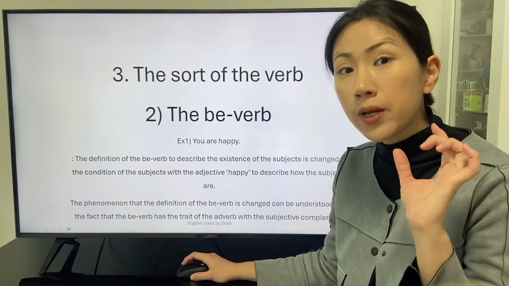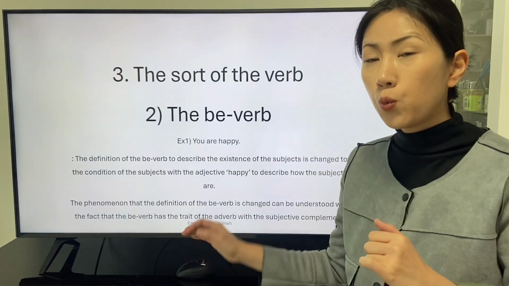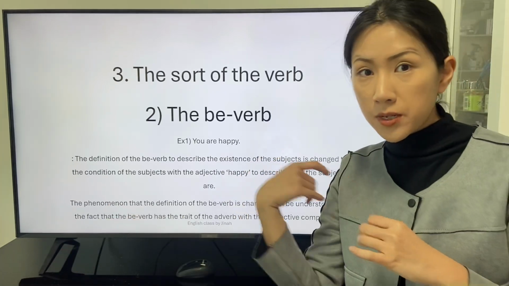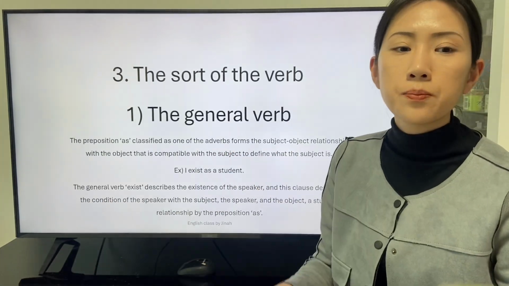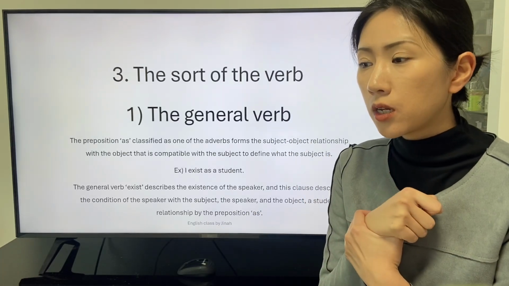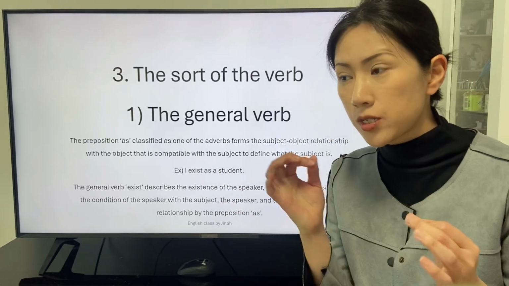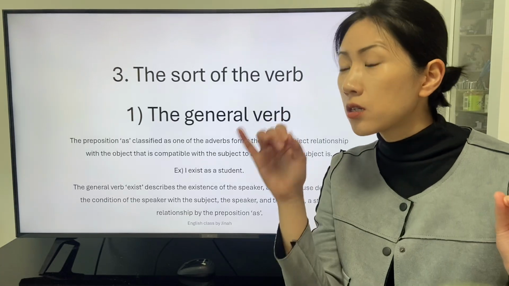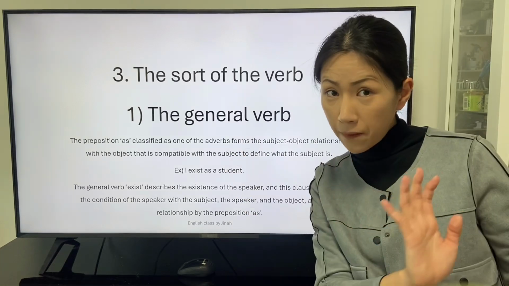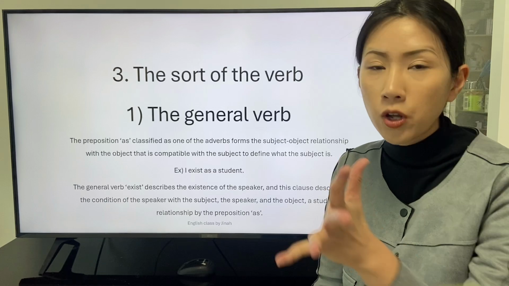the general verb exists, whose definition is the same, is without the subjective complement. In this clause, the phrase of the preposition as a student is the subjective complement to describe the subject, but the subjective complement describes the subject indirectly because the phrase of the preposition is a part of an adverb.